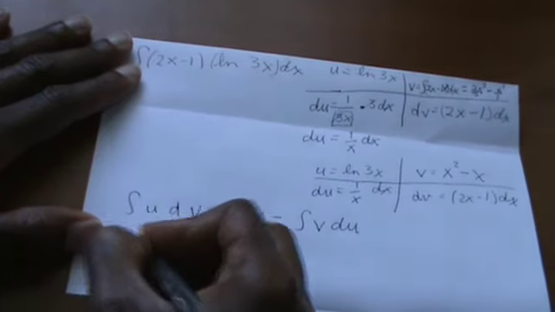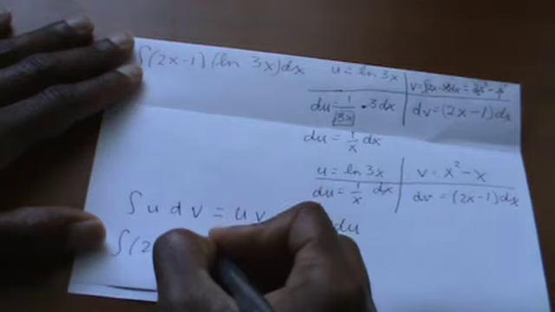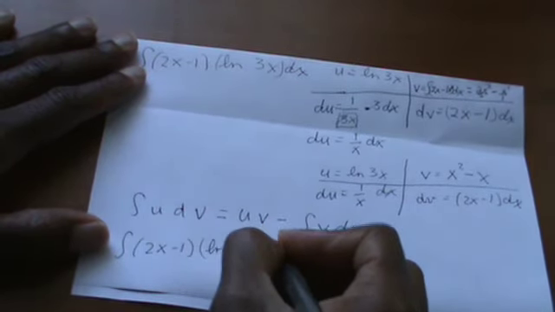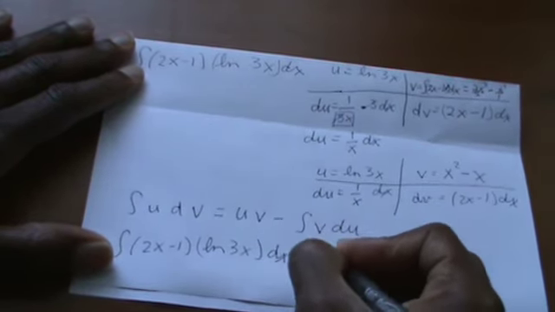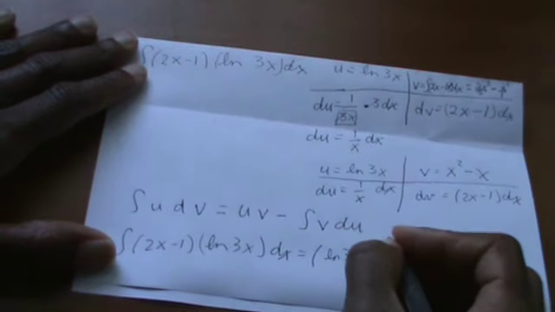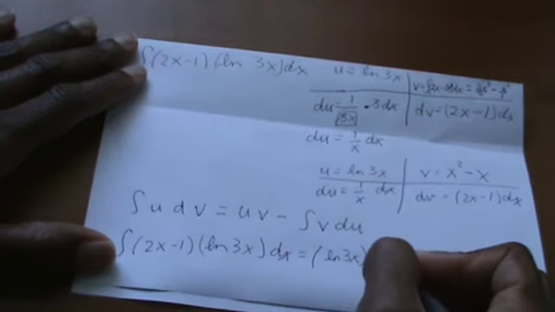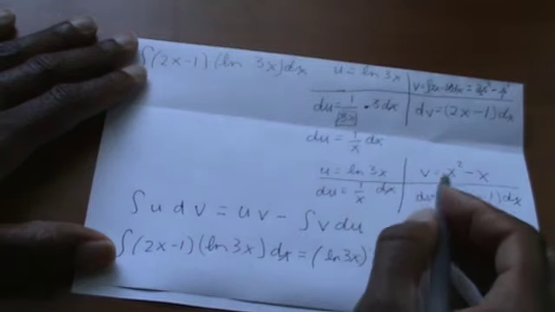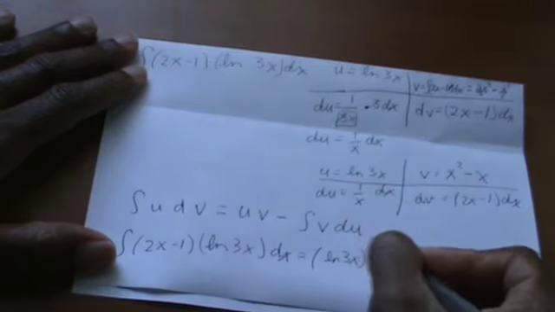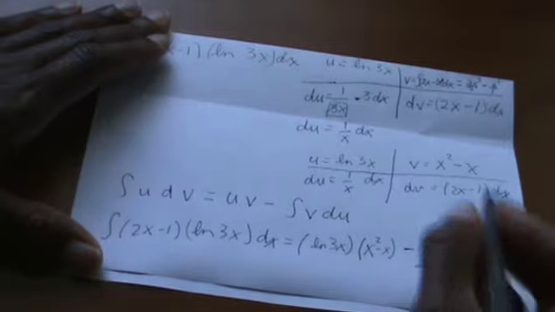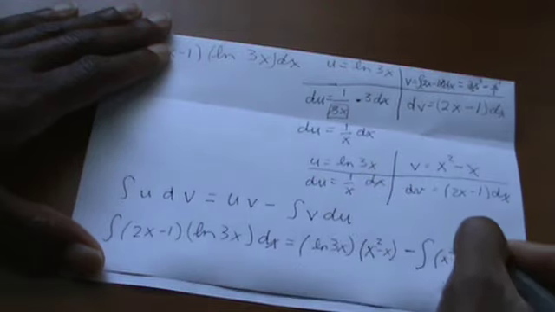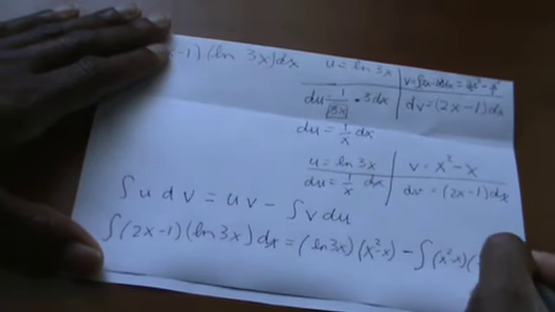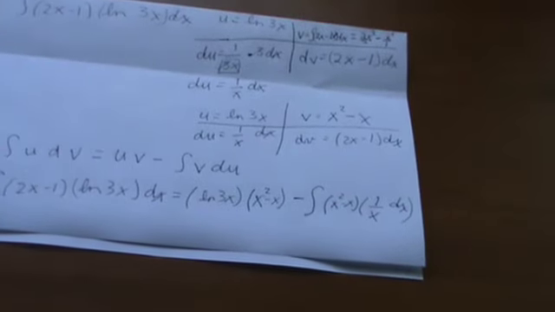So the antiderivative of 2x minus 1 times the natural log of 3x dx equals u, the natural log of 3x, times v, which is x squared minus x, minus the antiderivative or integral of v, which is x squared minus x, times du, which is 1 over x dx. All right, let's look at that for a minute.